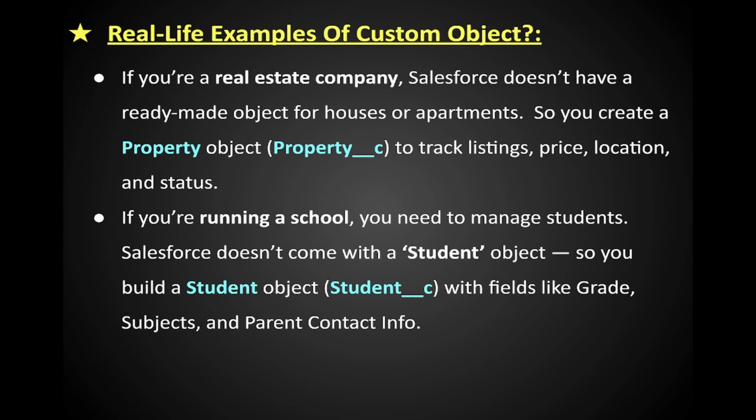So you create a property object, which will be known as property underscore underscore C, to track listing, price, locations, all those things. Price, locations, all those fields will be the fields under this object, so you can keep the data. For a school, we already discussed. So I hope you understood the custom object.